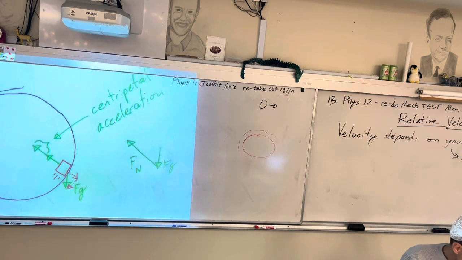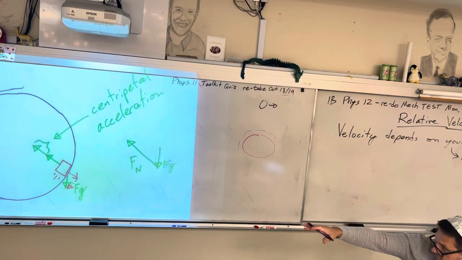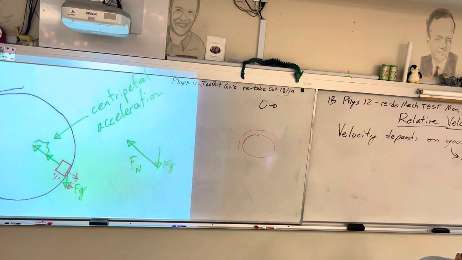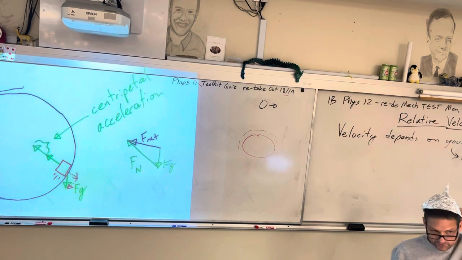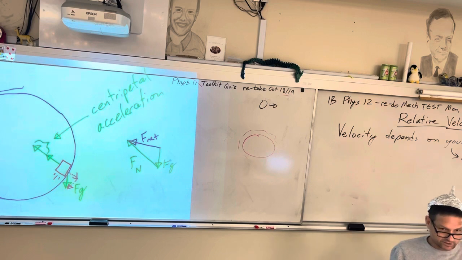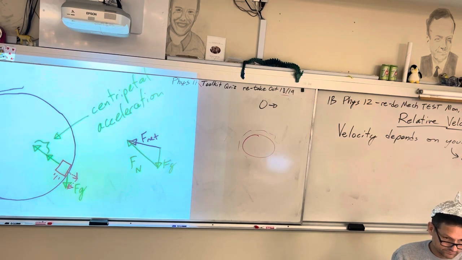What's our net force? What direction? Kind of like this, right? So this would be our F net. Is that exactly to the center of the circle? No, because normal has to be exactly to the center, right?